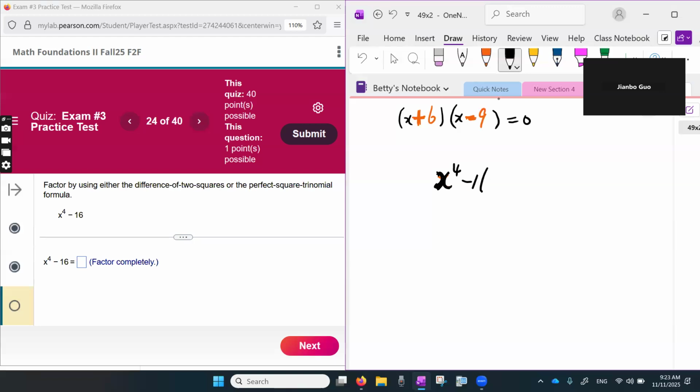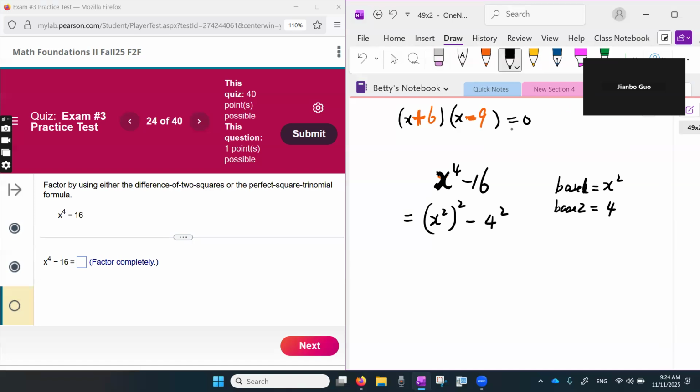If degree 4 is good news because 4 is even, because we're able to write x to the power 4 as the square of x squared. You see what happened here? So the first base, base 1, is x squared. Base 2 is 4. I mentioned in the class that you must have this step: write down base 1 and base 2, square them together, right?